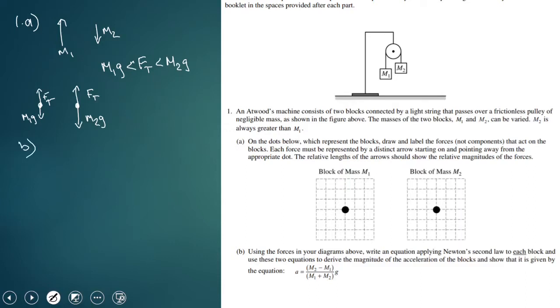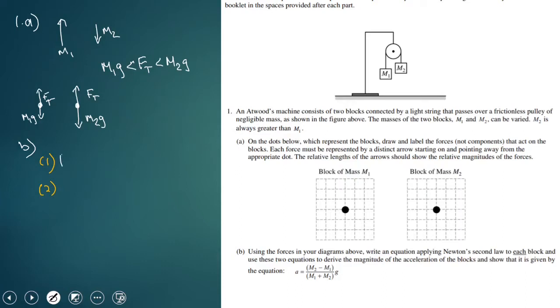Using the forces in your diagram above, write an equation applying Newton's second law to each block, and use these two equations to derive the magnitude of the acceleration of the blocks and show that it is given by the equation provided. So for block 1 and then for block 2, we know that Newton's second law says that the net force is equal to mass times acceleration.